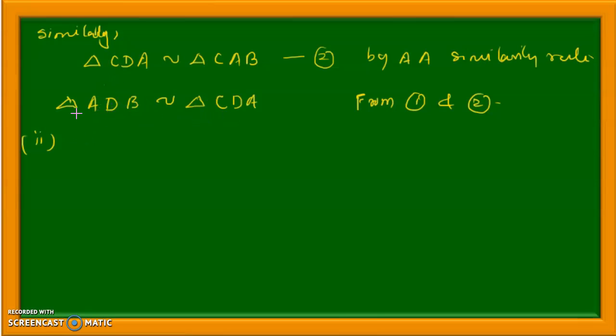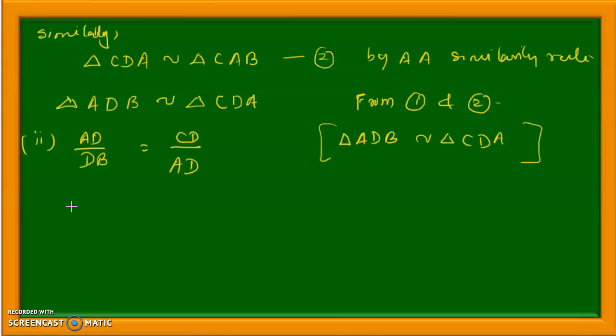What can we say? Their corresponding sides' ratios are equal. We can write AD by DB equal to CD by AD. Reason: both these triangles are similar. Which two triangles are similar? Triangle ADB similar to triangle CDA.